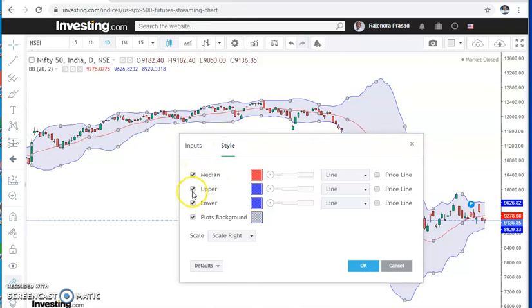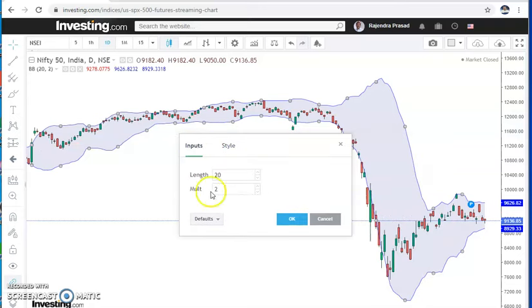I remove this, and here the multiplication means the 2 standard deviation from the mean. So I am modifying this 2 standard deviation to 0.382.